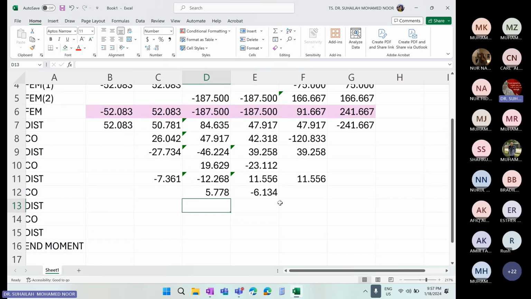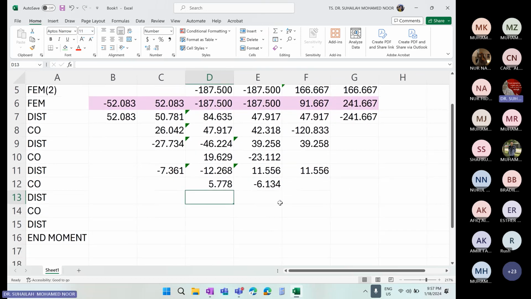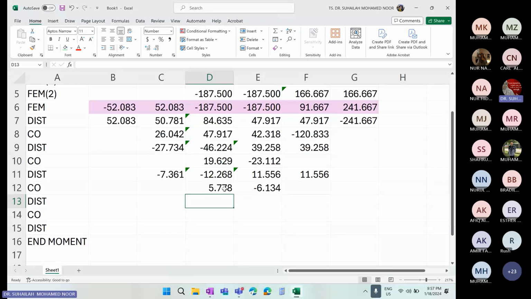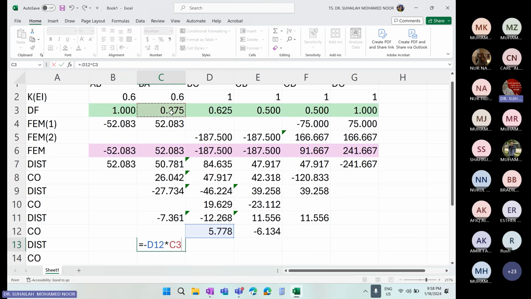It looks like 5 is not enough, it is still quite big, so just continue. This time distribute again. Distribution. Negative, this times factor 0.375.